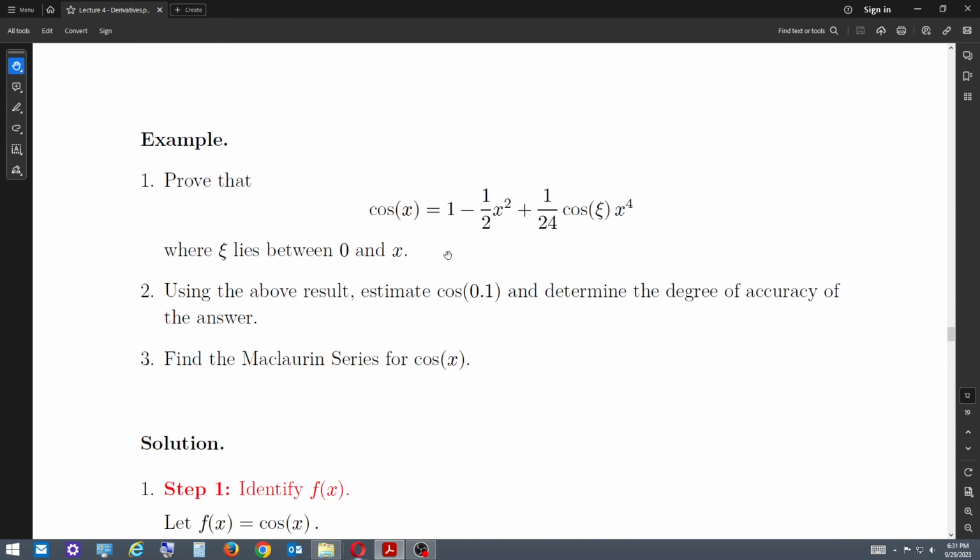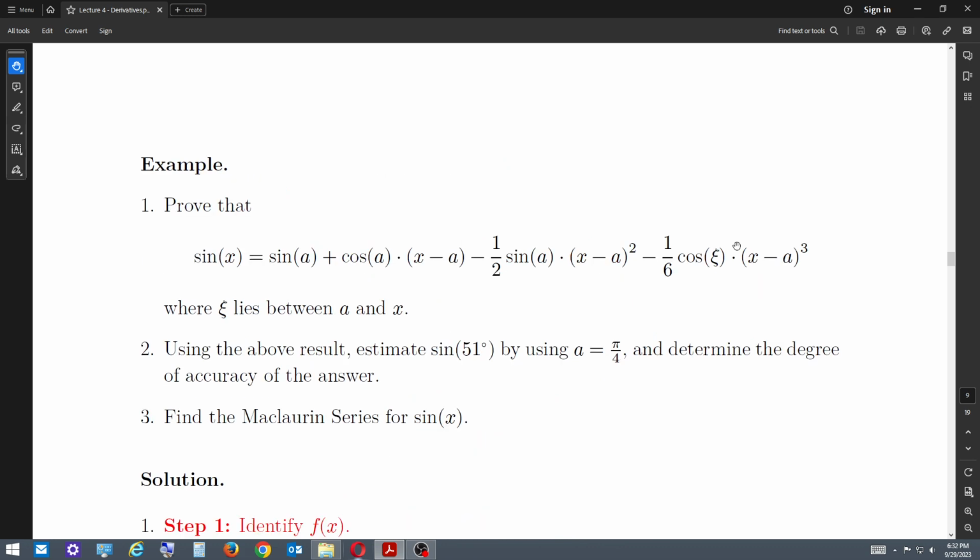The last thing we need to identify is what n is. Now the most accurate way, in my opinion, to identify what n is, again, is to look at this last term and see what the power of x is. Whatever that power is, you're going to subtract 1 from it.